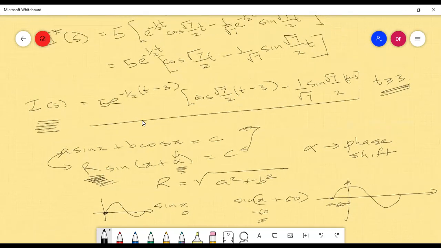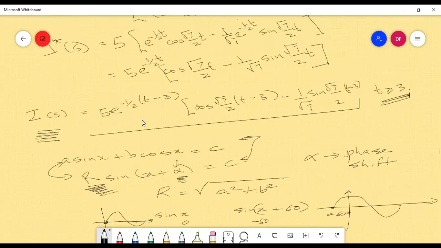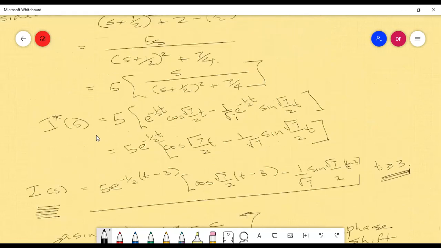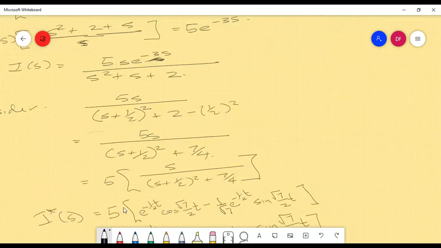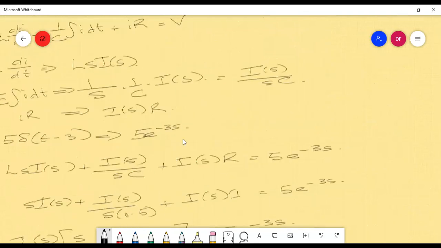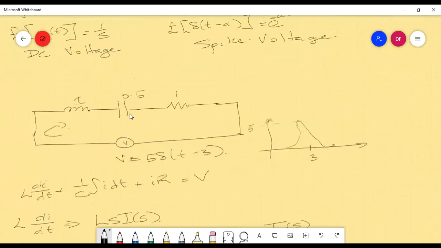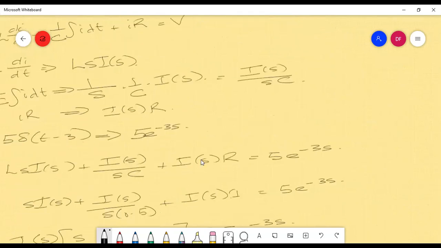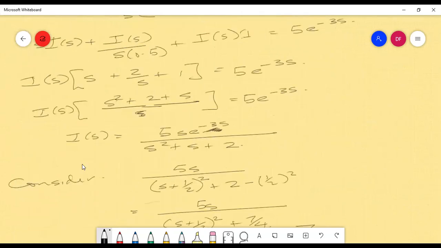But now that we've reached here, the last thing I want us to consider for the night is that when we started out, we said, suppose we had this inductive, capacitive, resistive system. Suppose there's a 5-volt spike at time t equal 3 seconds. What would happen? Well, after all of this, we're now in a position to say what would happen in the system.